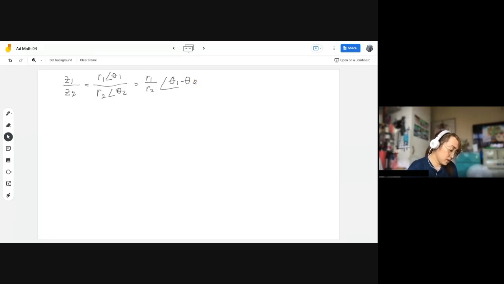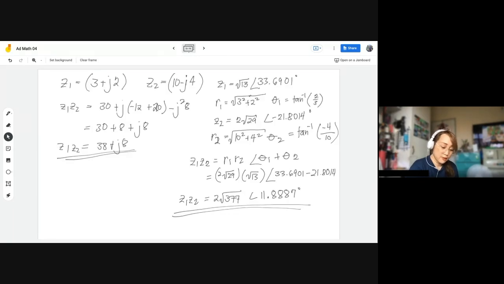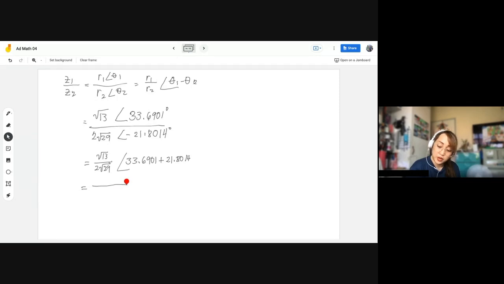So if that is square root of 13 bar angle 33.6901 degrees divided by 2 square root of 29 bar angle negative 21.8014, that is simply square root of 13 over 2 square root of 29, bar angle 55.